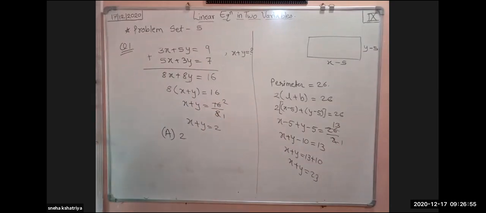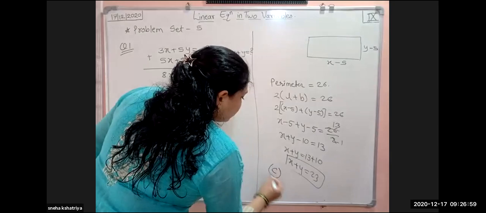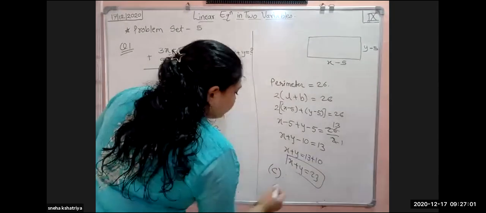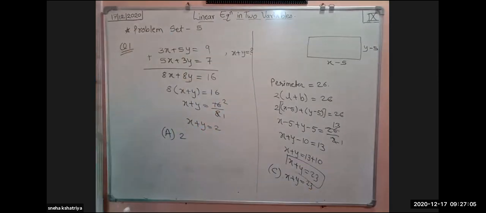Which option is it? Option C. So x plus y is equal to 23. Option C is your answer. These are MCQs.